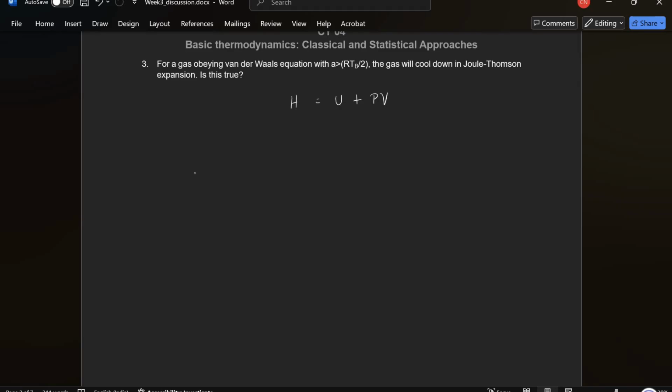So now, first thing is dH. Okay, what we want is dH. So H is a natural variable of P and T.